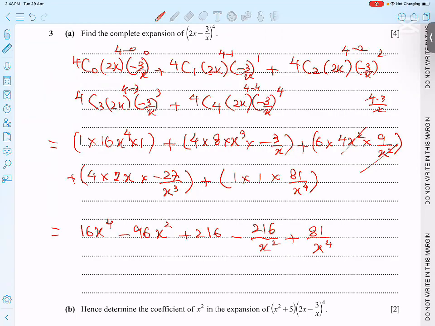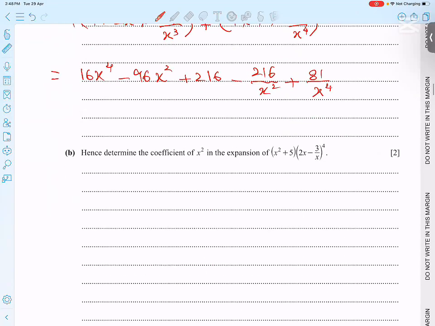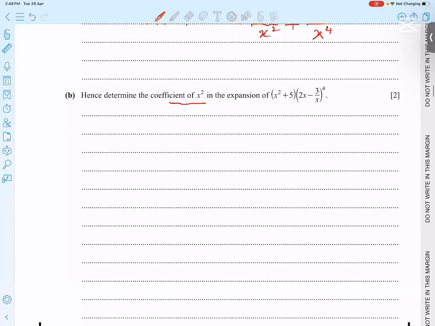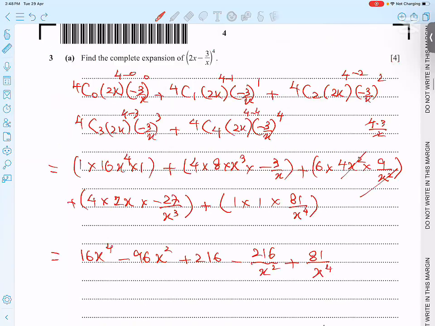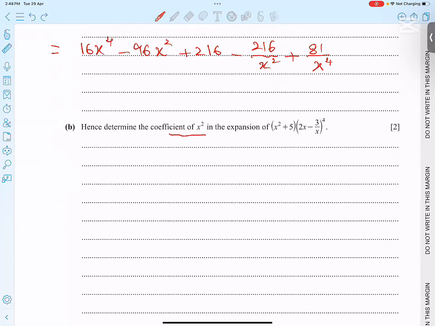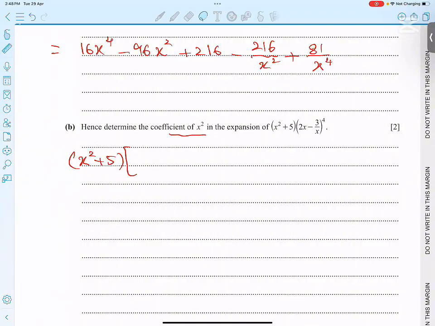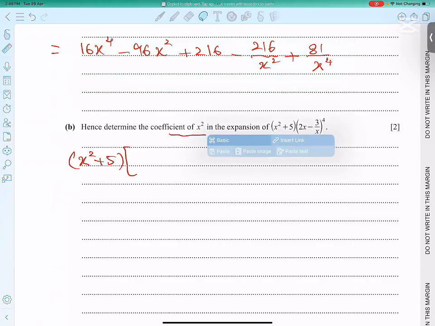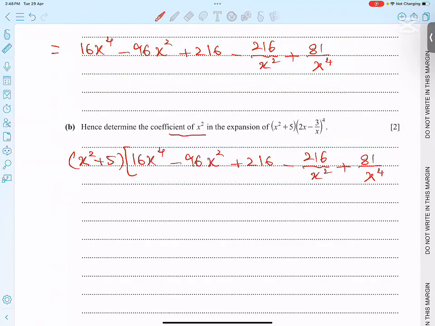And what he is asking finally, if you look down here below the question, is the coefficient of x to the power 2, because this comes from the top, check, it matches with that. So all these terms I will copy here down. So I'm copying x to the power 2 plus 5 as it is, here in the bracket, and bringing it down like this.